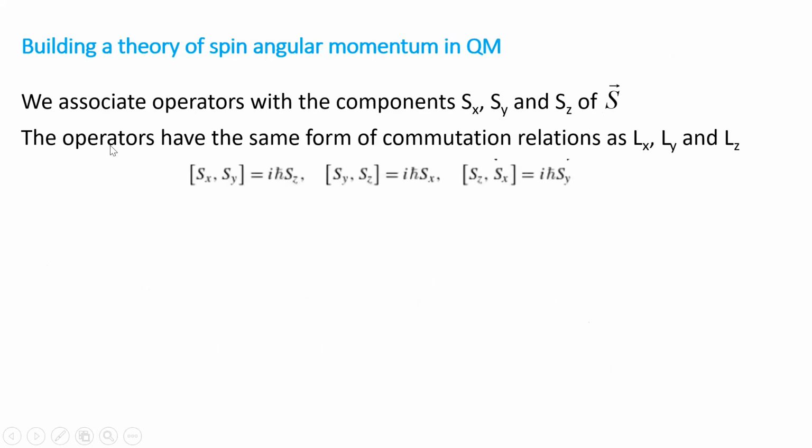And we postulate that these operators have the same form of commutation relations as we found for Lx, Ly, and Lz for the orbital angular momentum in quantum mechanics. That is, for example, the Sx, Sy commutator is i h bar Sz, and so on, permuting the three. So we have these to work with. Okay, so we start with these as our postulates.